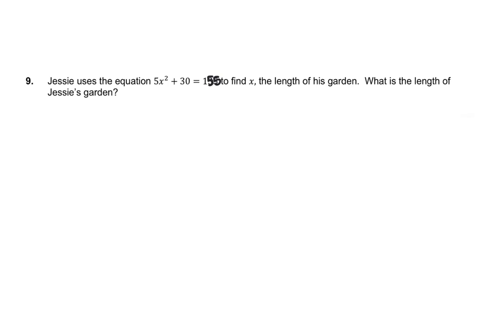All right, so for our last example, it says Jesse uses the equation 5x squared plus 30 is equal to 155 to find x, the length of his garden. What is the length of Jesse's garden? So first of all, let's write down our equation, and we're going to isolate the variable. So we've got 5x squared plus 30 is equal to 155.